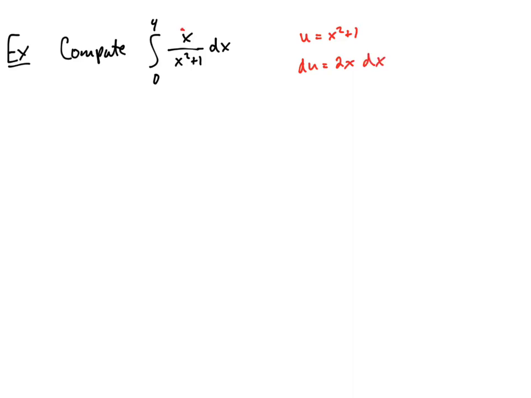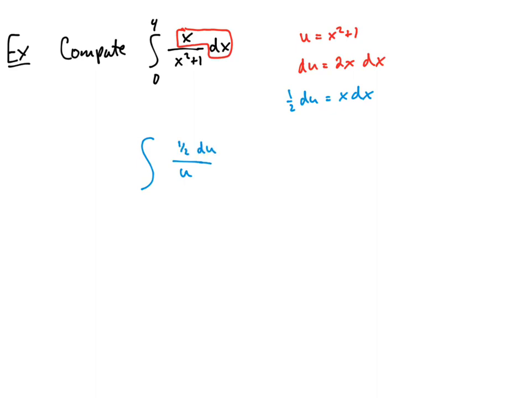Now what we see here is we have x dx, but in this equation we have 2x dx, so we want to divide both sides of this equation by 2, so this will be 1/2 du is equal to x dx. Alright, so making this substitution, I'm not going to write the limits of integration just yet. So in the denominator we'll have u, in the numerator I'm going to have 1/2 du.